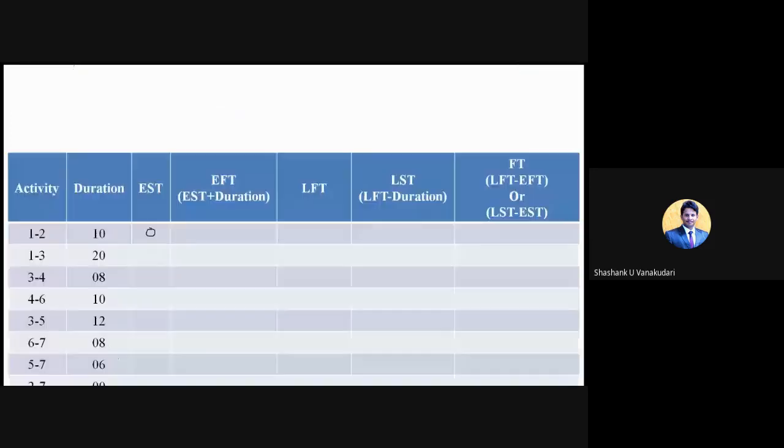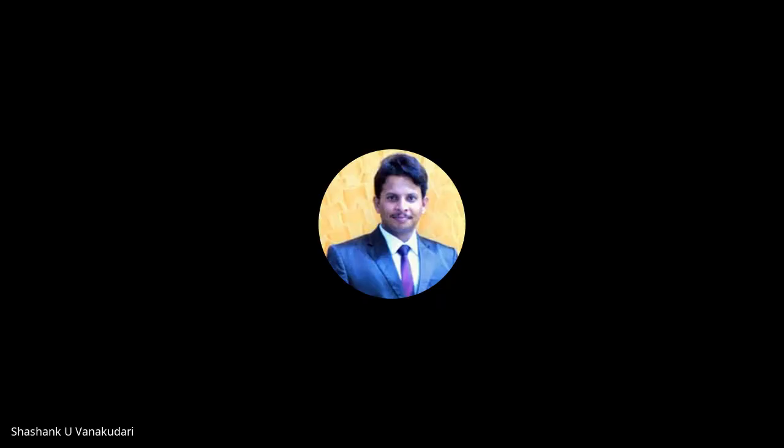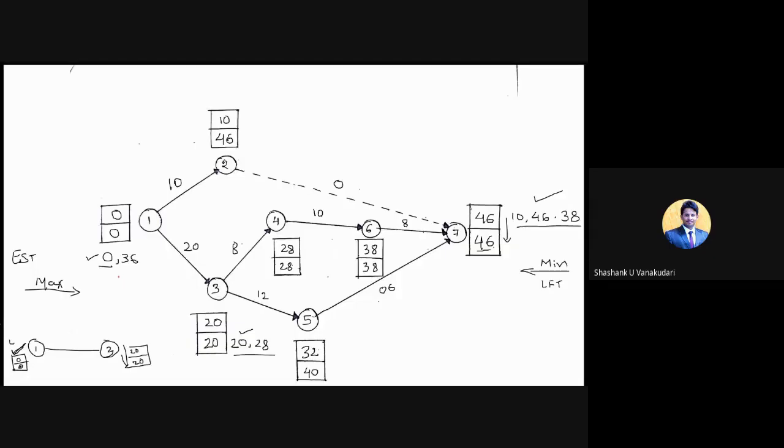For this 1 2 3, what are the box values? 20 and 20. So here you need to select this particular box value as EST, that is 0. Clear? You are not supposed to use this one. This value will be the EST, and this value will be the LFT. Clear?